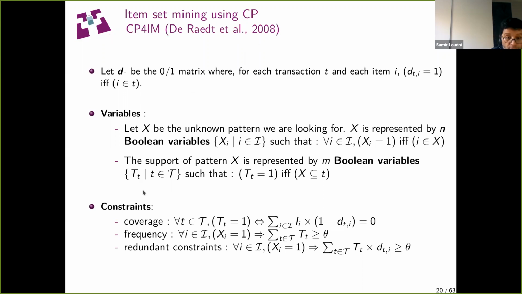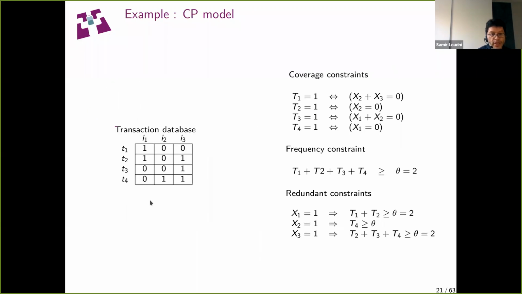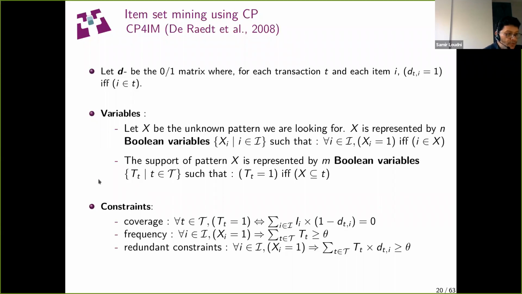variables. So let me detail these two kinds of variables. For this model, we define X as the unknown pattern we are looking for. A Boolean variable xi will be associated to every item.